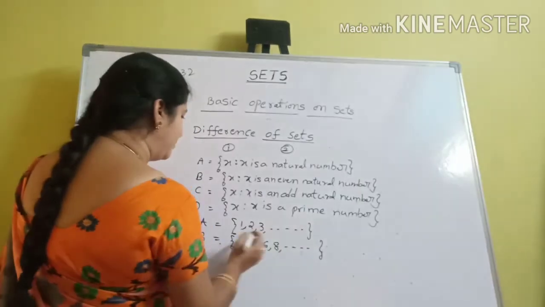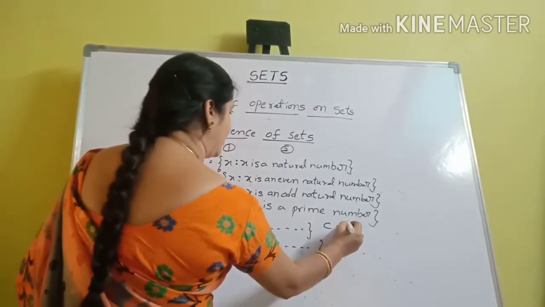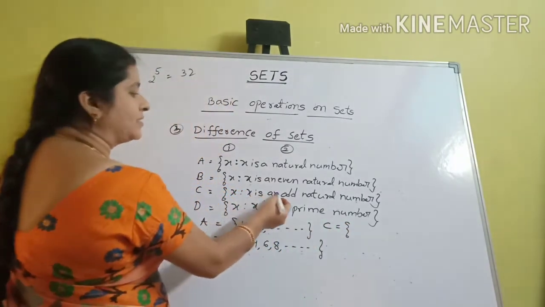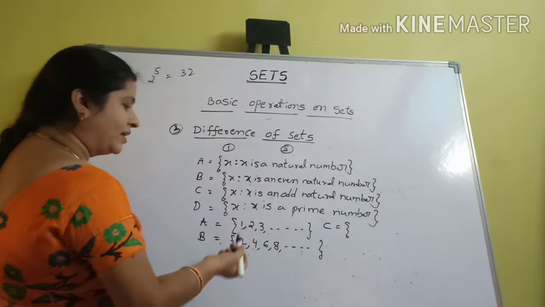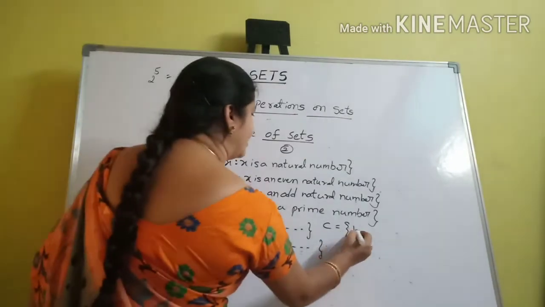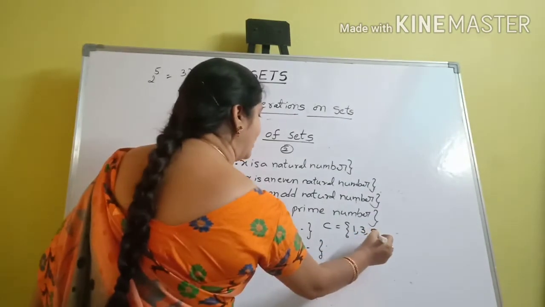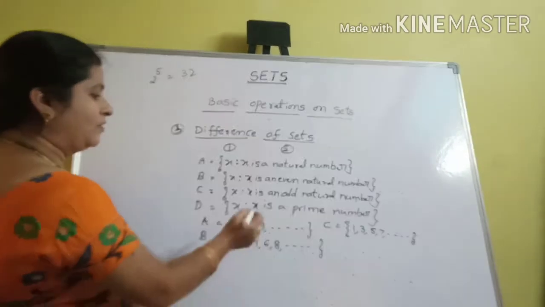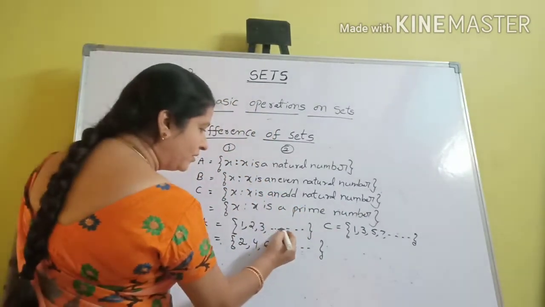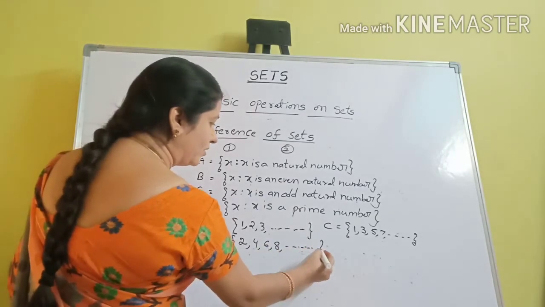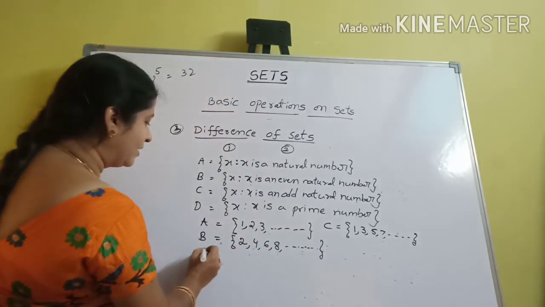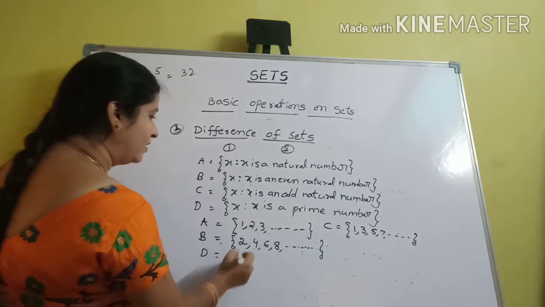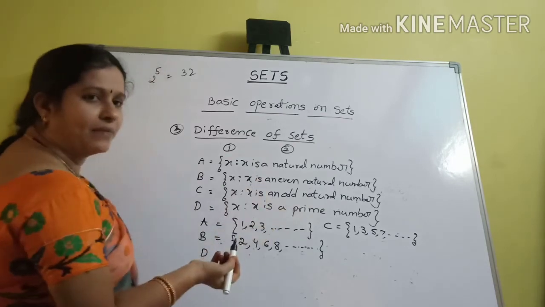So C equal to x such that x is an odd natural number. What are the odd natural numbers? 1, 3, 5, 7, etc. This is also an infinite set. For an infinite set, you have to put the infinite symbol, etc. So D equal to set of x such that x is a prime number.